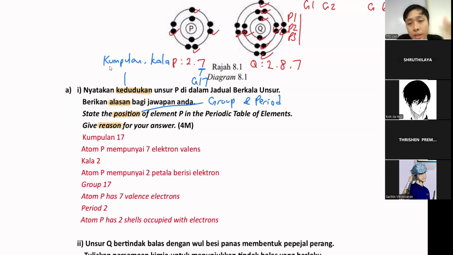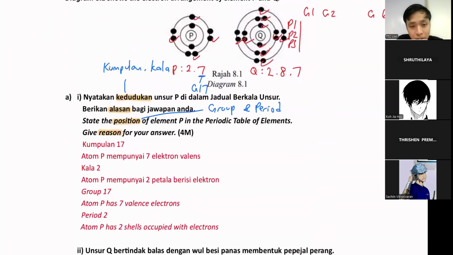If they ask about group or period, the first thing you have to know is the electron arrangement, or susunan elektron. What about physical properties for group 17? Correct, but they didn't ask this time, because they asked for location. If they ask for physical property, in Malay sifat fizik, then you can write down low density, or ketumpatan rendah.